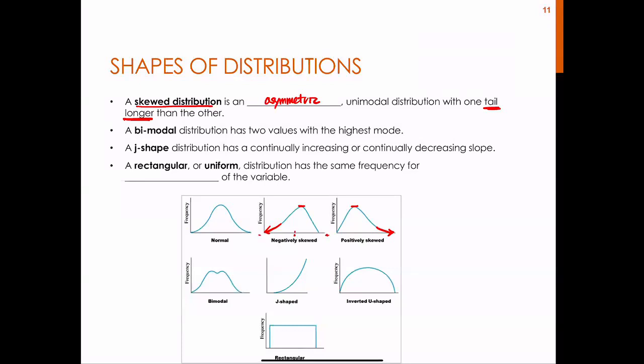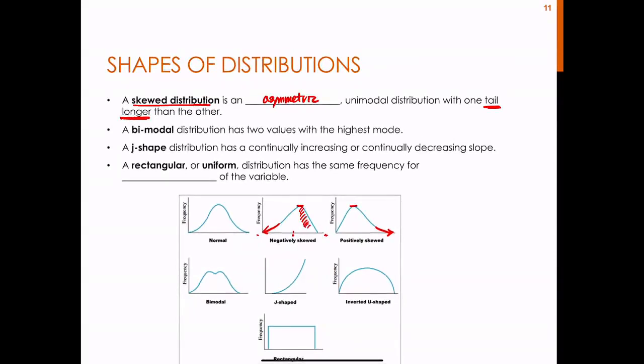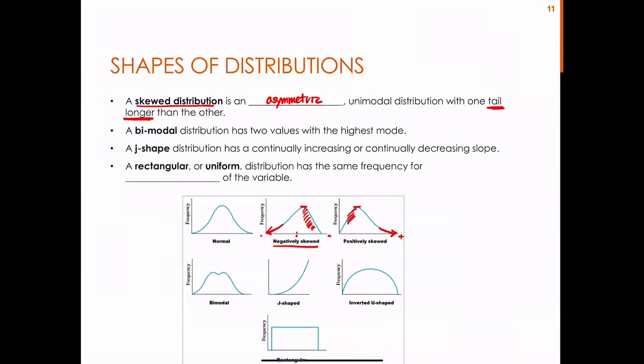So if it extends into the negative direction and most values are clustered around the right tail of the distribution, we call it a negatively skewed distribution. On the other hand, if the long tail extends into the positive direction and most values are clustered around the left tail of the distribution, we call it a positively skewed distribution.